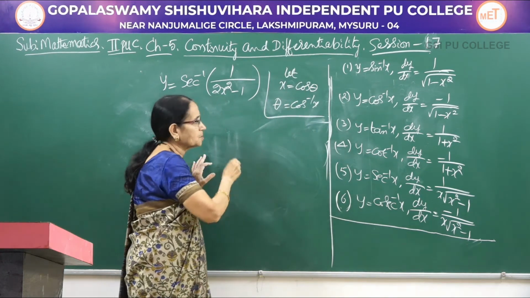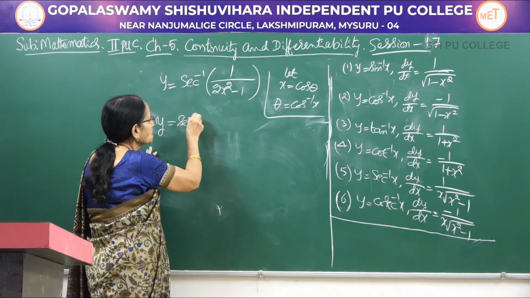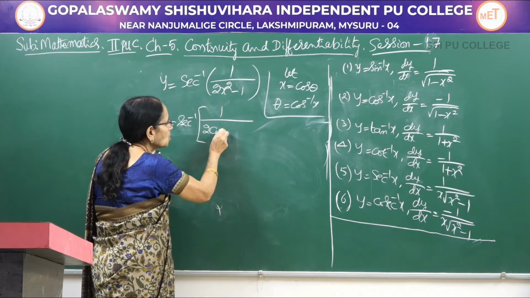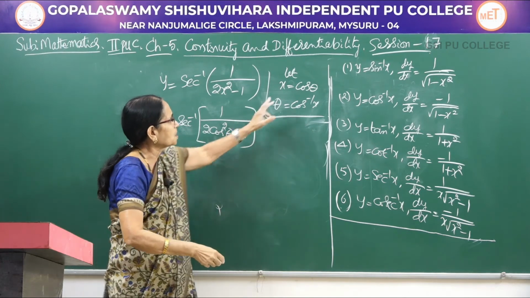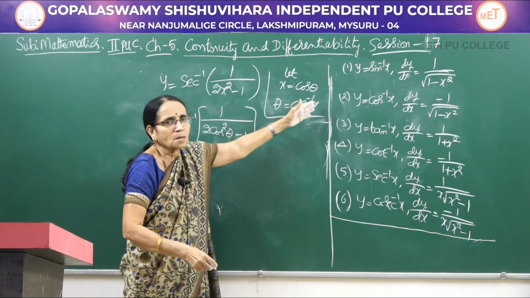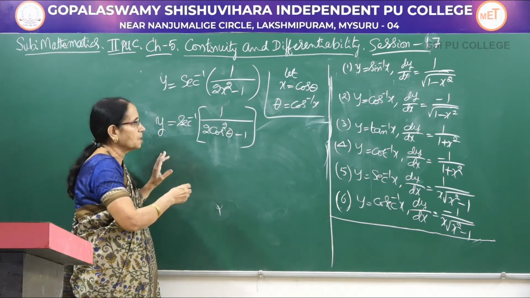Now let me come to the function. y would be equal to secant inverse of 1 divided by 2 cos square theta minus 1. Many students take x equal to x. Don't do that. You have to take two different variables. Need not be theta, alpha, beta, anything you can take. Now we are familiar with theta, we take that one.